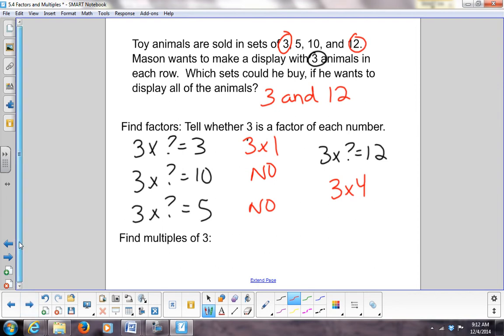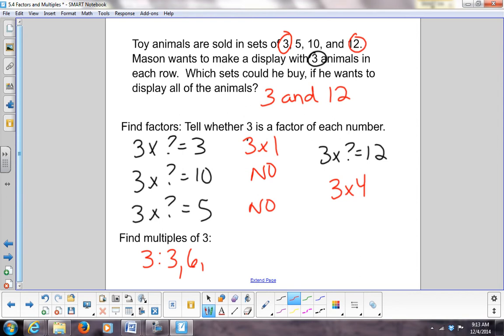Then the second part of it says to find the multiples of 3. That's another way to solve it. So you can solve it using factors, or you can solve it by multiples of 3. What are the first 5 multiples of 3? Ivan, give me one. 3. Good. 3 times 1 is 3. Edme, give me another. 3 times 2 is 6.